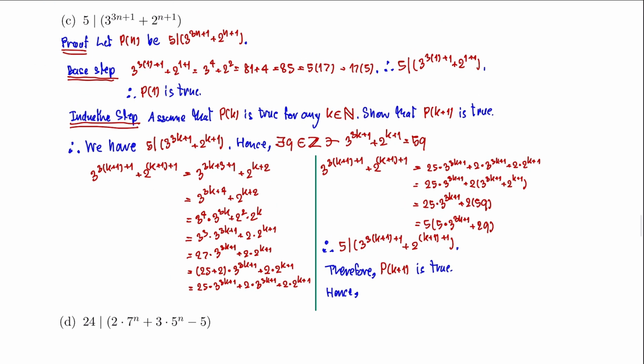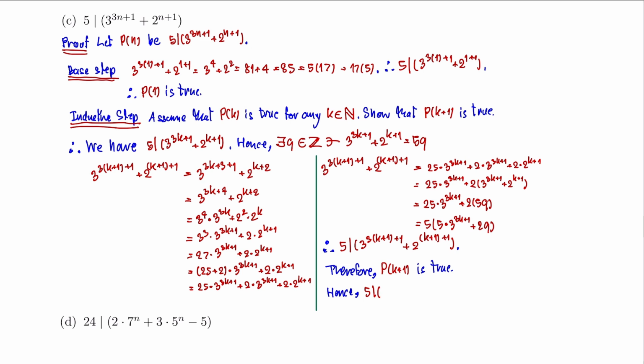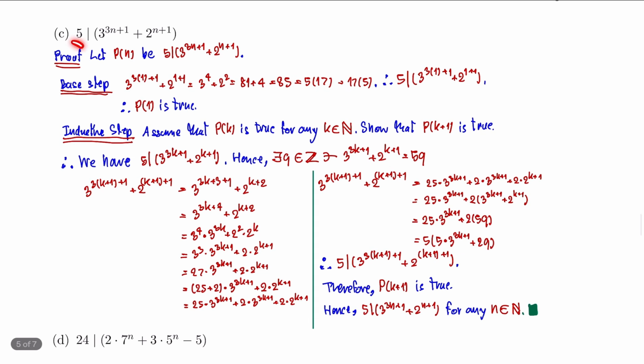We have 5 divides 3 raised to the 3n plus 1 plus 2 raised to the n plus 1 for any positive integer n. So we have proved that 5 divides 3 raised to the 3n plus 1 plus 2 raised to the n plus 1 for any positive integer n.